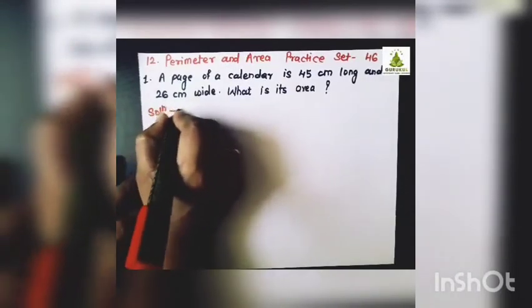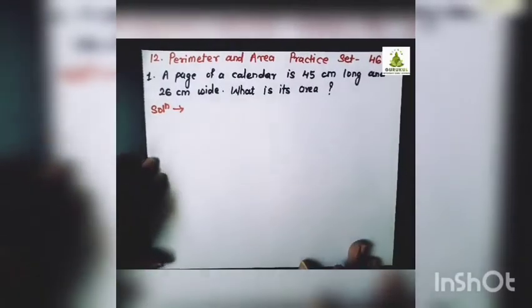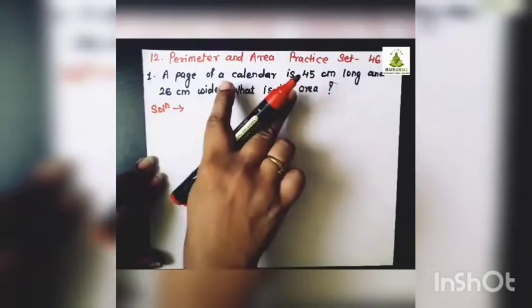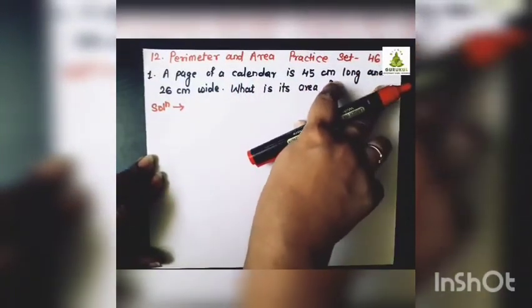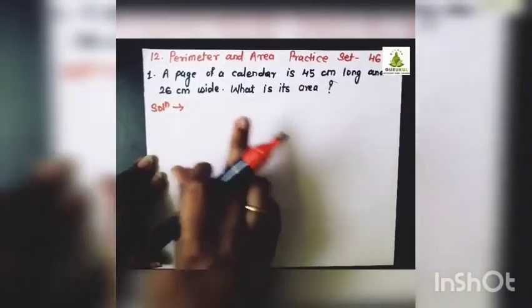You have seen calendars, and they are mostly of which shape? Yes, rectangular shape. And the description says the page is 45 centimeters long, meaning length is 45 centimeters, and 26 centimeters wide, that is breadth.